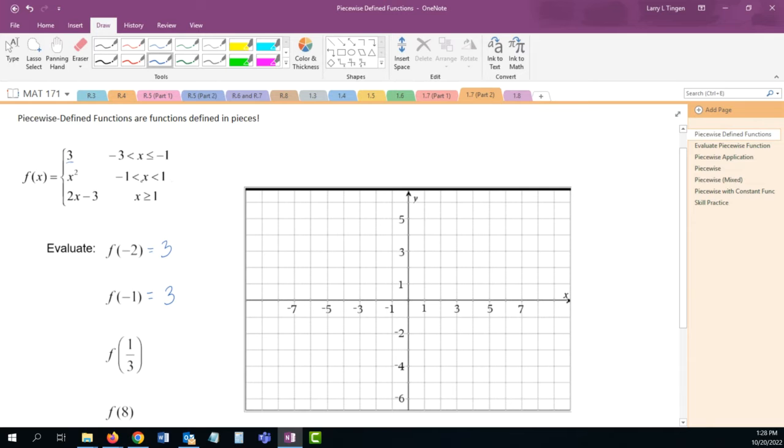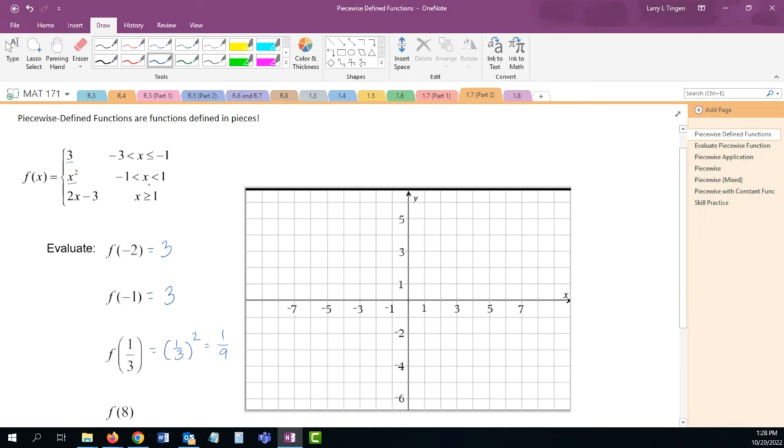Between -1 and 1, 1/3 lives there. So which piece do I pay attention to? The second one. The second piece is x squared. Well, instead of x, I have 1/3. 1/3 squared is 1/9.